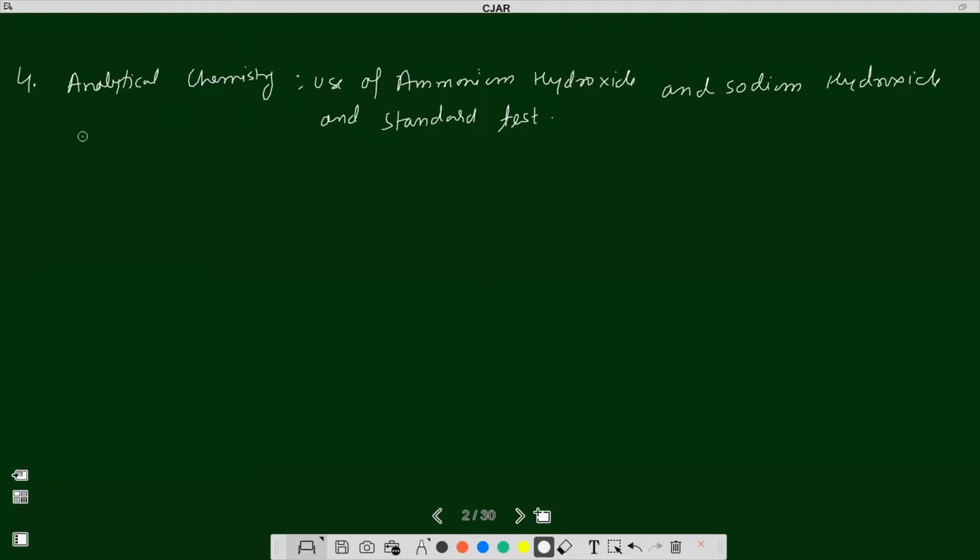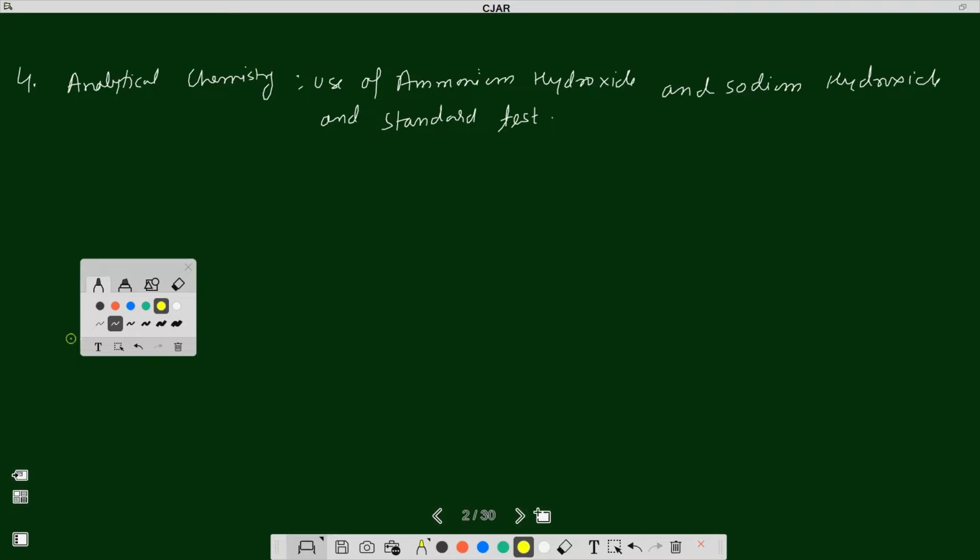Okay, so analytical chemistry. Basically what we do in analytical chemistry is we do some chemical test to detect certain ions. Like if we have to detect the ammonium ion, calcium ion, sodium ion, then we do some chemical test and then we find whether this ion is present in that solution or not.